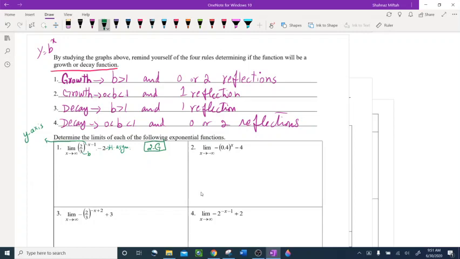So how do I draw this graph? My horizontal asymptote is -2, so it's going to be -2 right there. That's my horizontal asymptote.